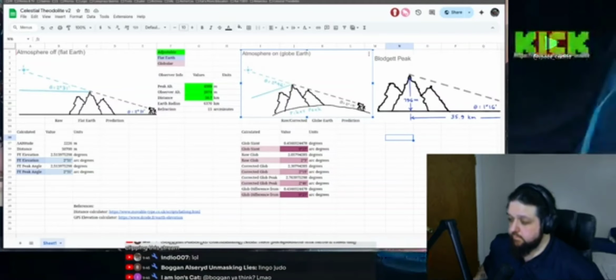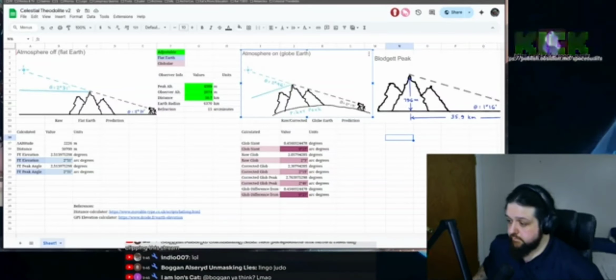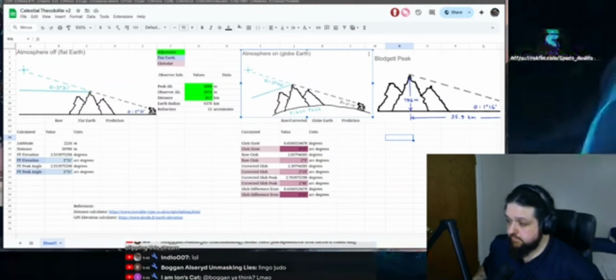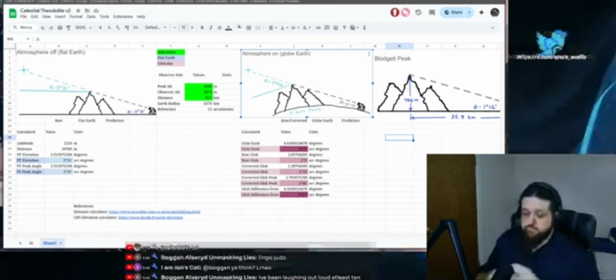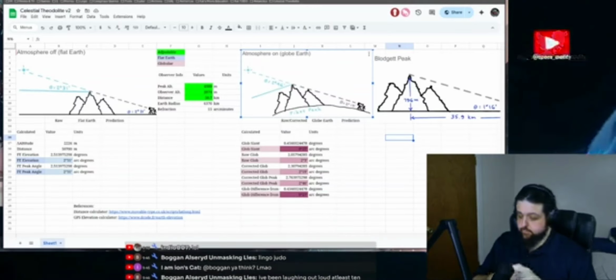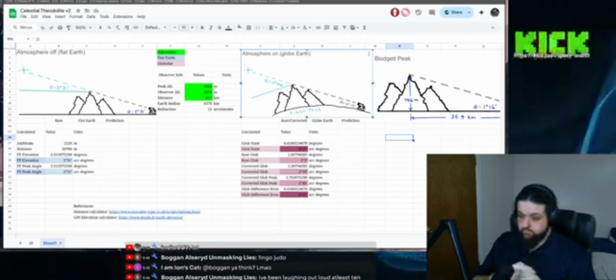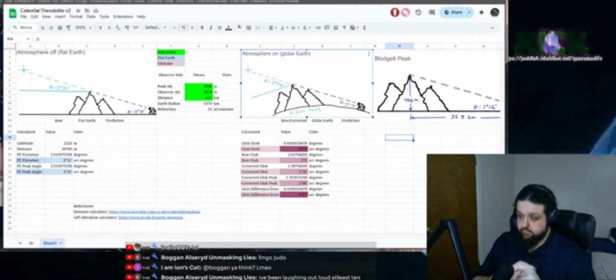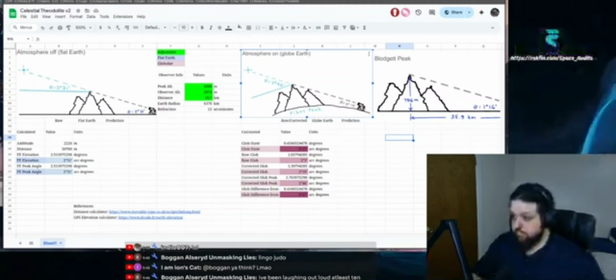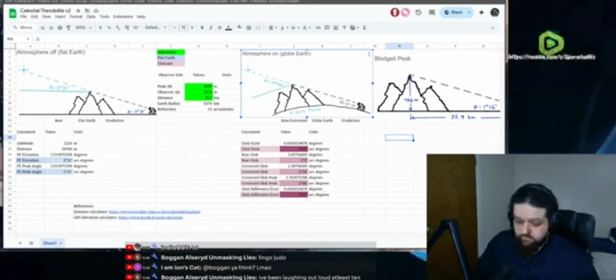But he then found that in that case, if he turned the atmosphere off, he got an angle that he did like. And then the fact that that angle was no refraction, just like the angle that he calculated to the peak, which was also no refraction, that just clicked for him. They're both no refraction. They're both the same angle. This looks like what's going on.